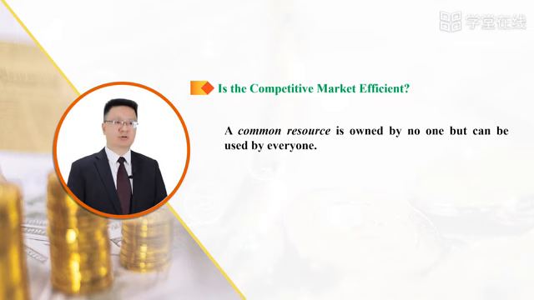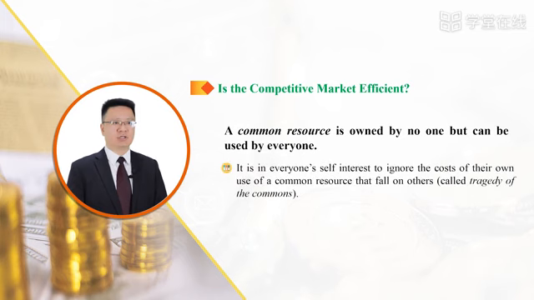A common resource is owned by no one, but can be used by everyone. It is in everyone's self-interest to ignore the cost of their own use of a common resource that falls on others, called the tragedy of the commons. The tragedy of the commons leads to overproduction.